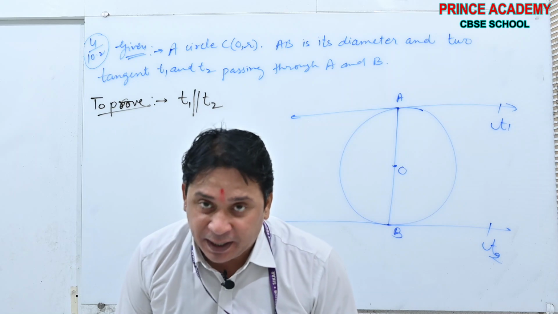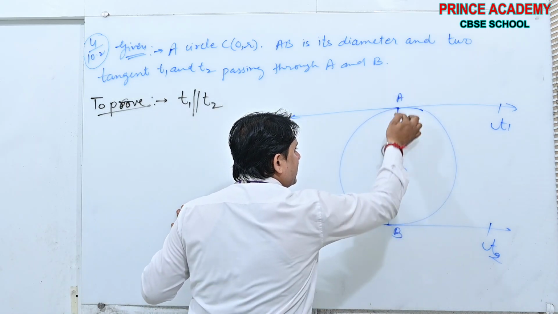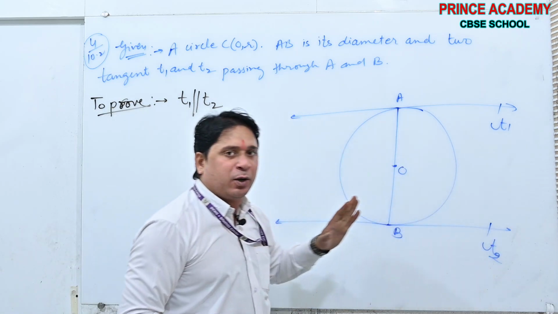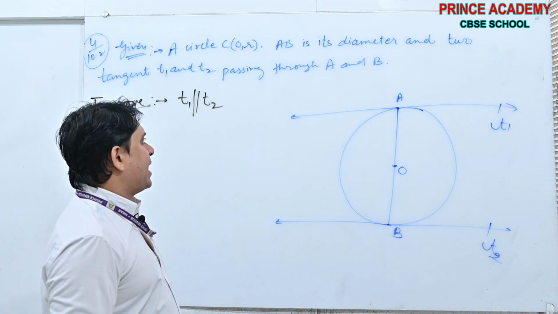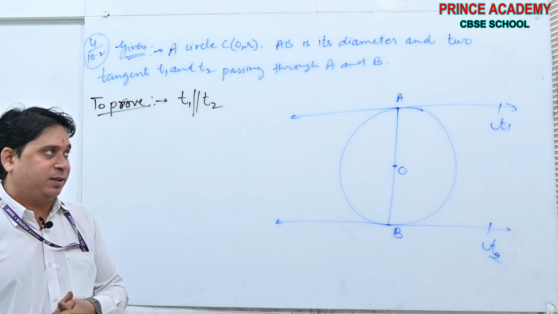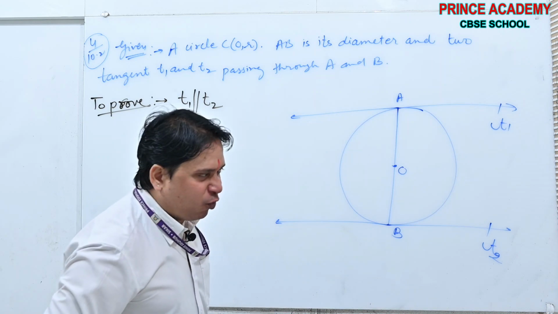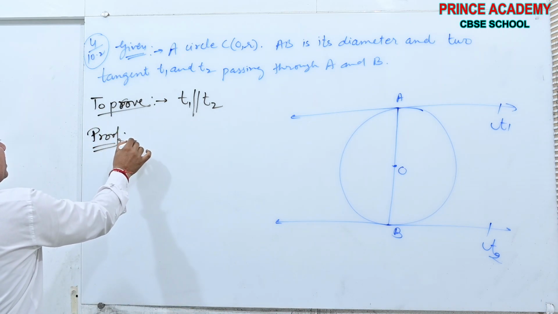Once again I am repeating the question beta. A circle is given, AB is its diameter and two tangents T1 and T2 pass through A and B, or you can say A and B are the points of contact for T1 and T2 and the circle. We have to prove these two tangents are parallel. Very easy. So easy beta, so easy.